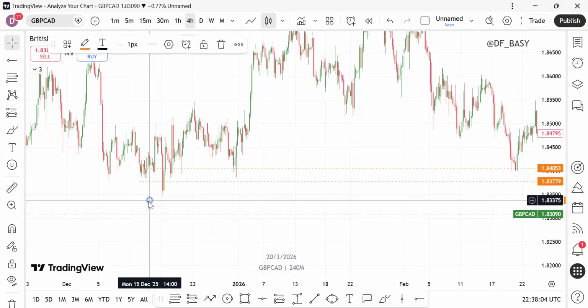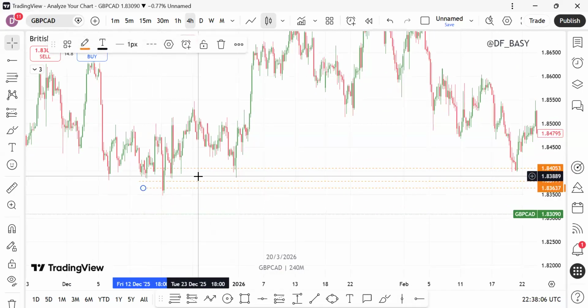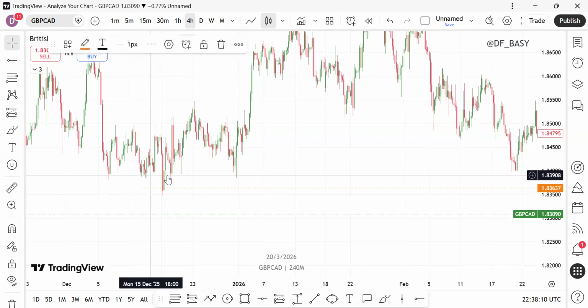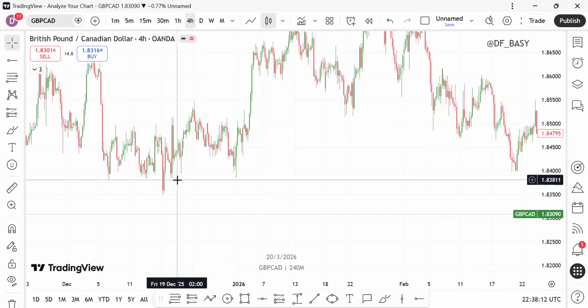This is where volumes like millions and billions of dollars set their orders, either buy orders or sell orders. That cluster is what forms the order block. I don't know if you get me, but that's what forms an order block.